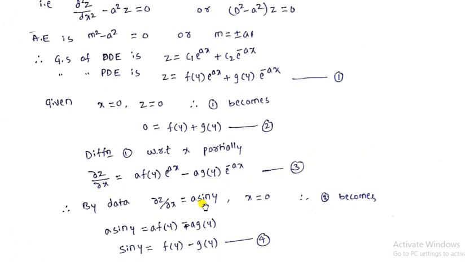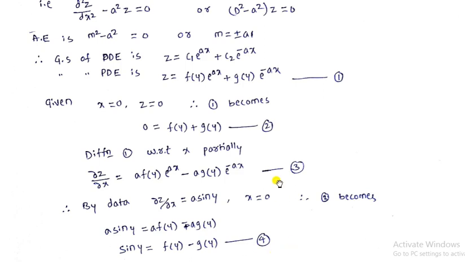So ∂z/∂x is a sin y and x is 0, so e^0 is 1. So a f(y) - a g(y) = a sin y. If you divide both sides by a, we get sin y = f(y) - g(y), say equation number 4.